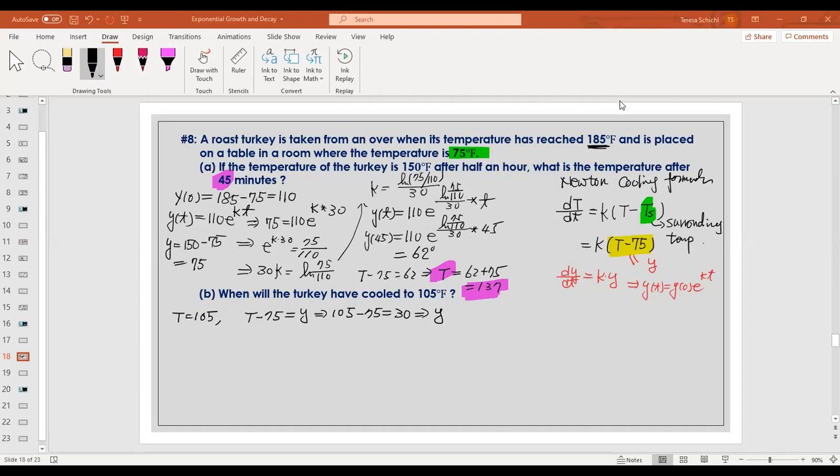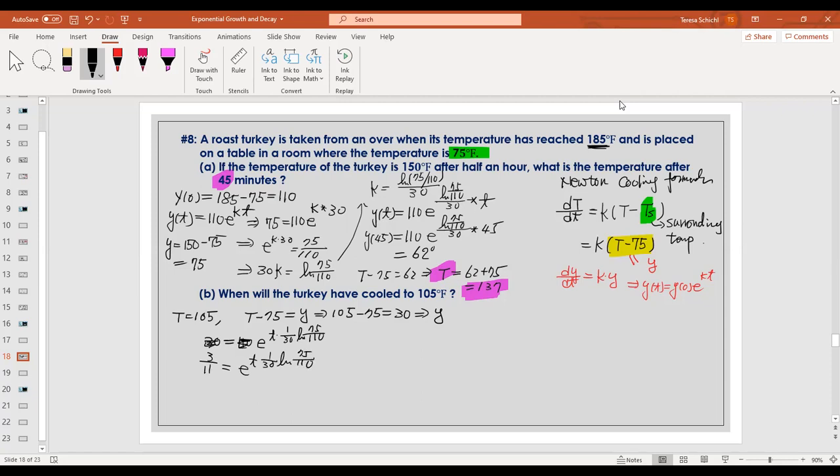Then you can plug it into your formula here. So this is 30 equal to 110 e to the t times 1/30 and the natural log of 75 over 110, right? Okay, so now you divide both sides by 110. So you will get 3/11 equal to e to the t times 1/30 natural log 75/110.